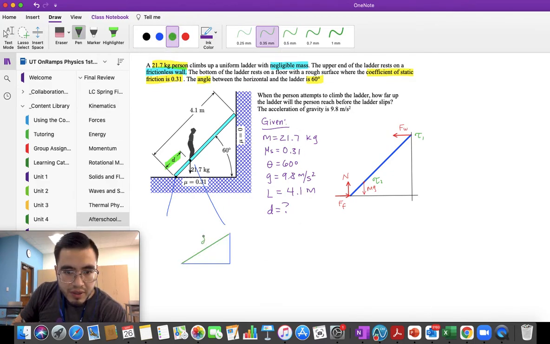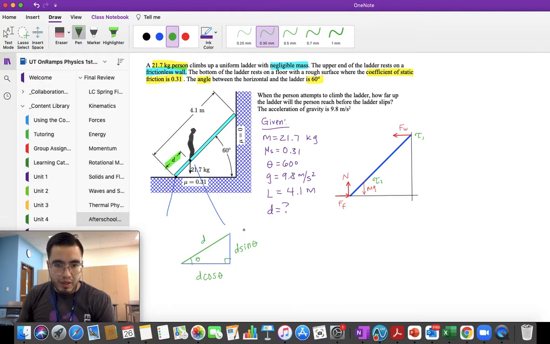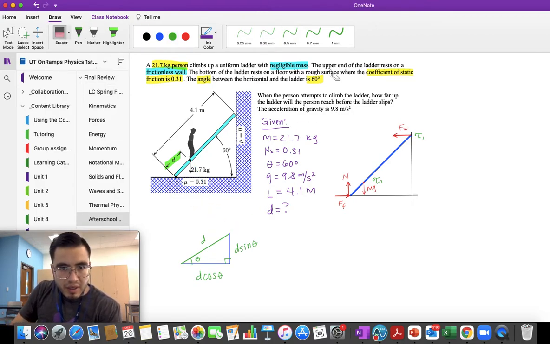So this is distance d, and this is theta. This is a right angle, so we have this side, it's the opposite, so it's d sine theta. And this is the adjacent side, so it's d cosine theta. Okay, you'll see why we need this. You know what, let me erase this. Just add arrows on.